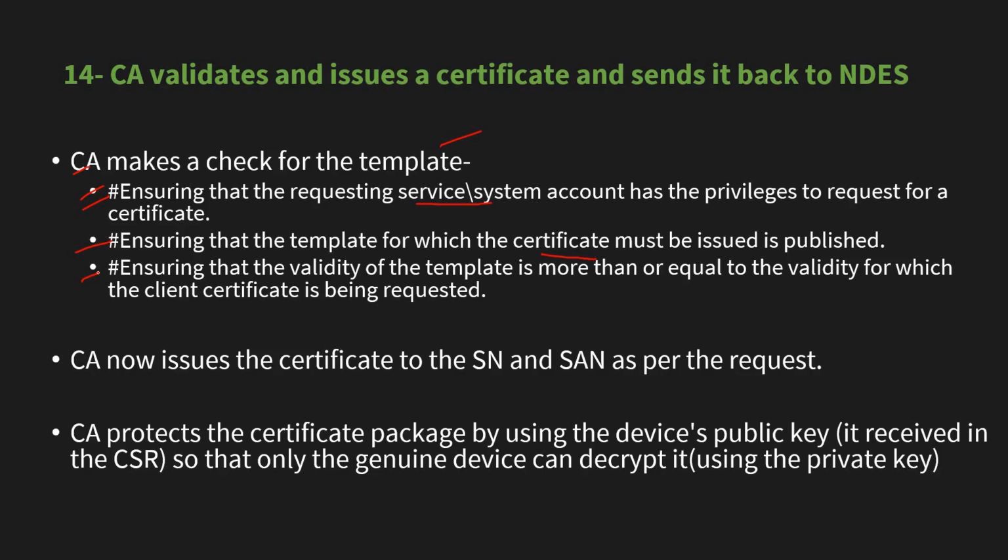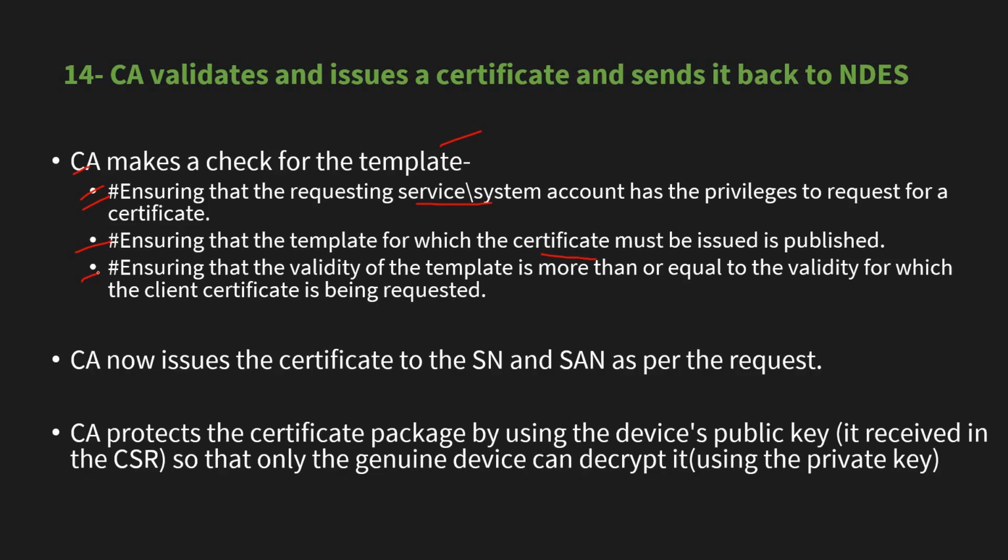What I mean by that is, let's say that I want a certificate from a template named NDES, and I want a certificate with a validity of 6 months. But when I go to that template in the CA and I check its validity, I see that that certificate template is capable of issuing certificates of 3 months validity only.